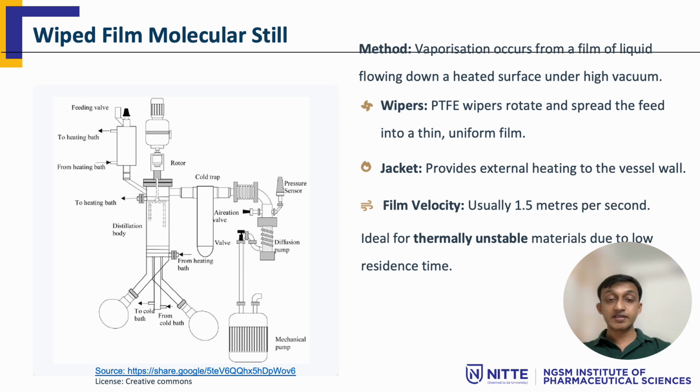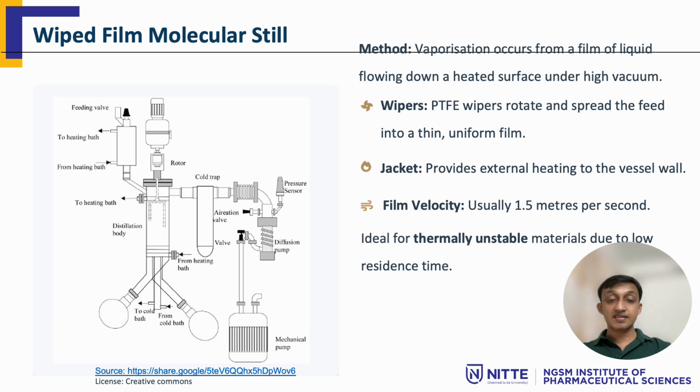They spread the liquid into a very thin, uniform film. They continuously renew the liquid surface. They enhance the heat transfer and mass transfer. And why is this important? Because it increases the surface area available for evaporation. It reduces the distance the molecules must travel to escape. It ensures uniform heating.